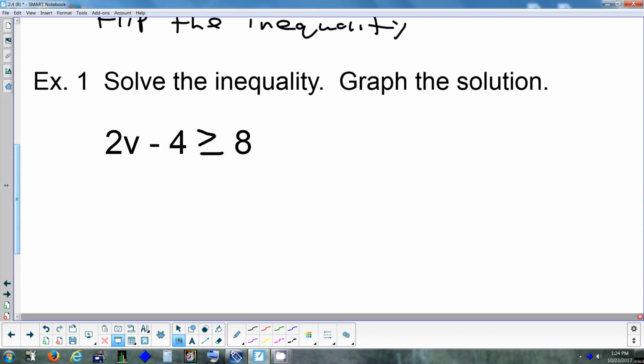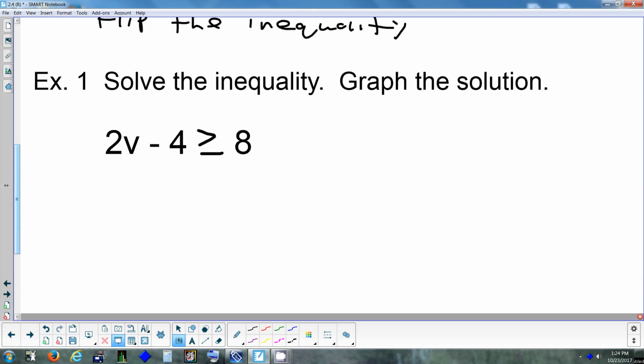All right, so is there any distributive property in this problem? No, there's no parentheses. Is there any like terms on the same side of the inequality? No. So now we go right into the second step, which is addition or subtraction.